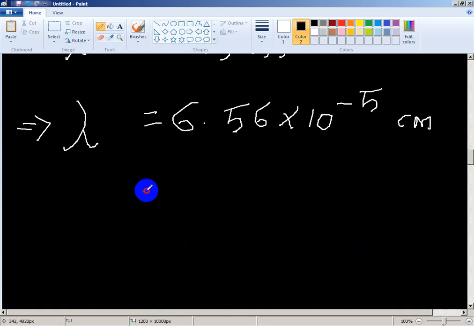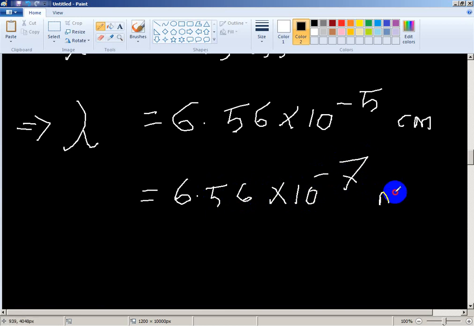Okay, I want to convert it to meter. What will I do? Divide by what? To convert to meters we have to divide by 100. So it is now 6.56 times 10 to the power minus 7 meter.